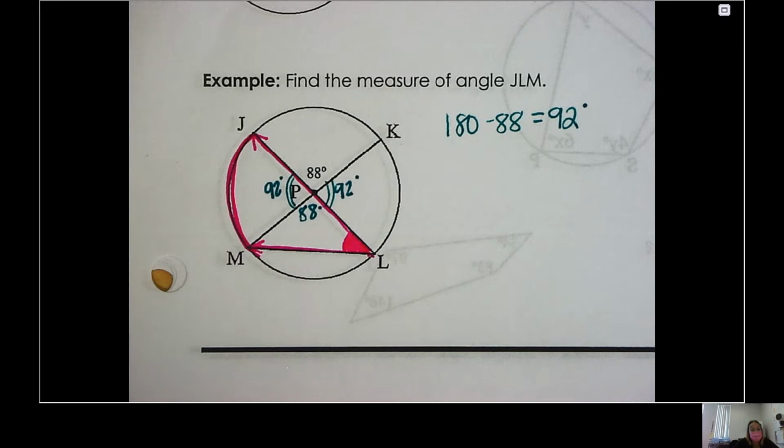Well, if I subtract 88, 92, I'm going to get 180 because it's half the circle. Would you do 180 minus 92 minus 88? Then I'll get 0. The arc measure is... Which arc measure? J. How do you know that?